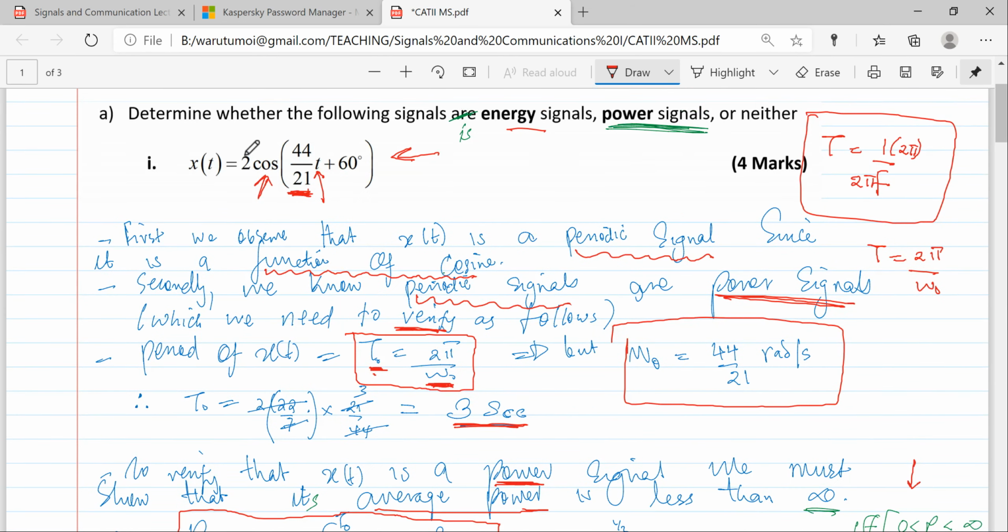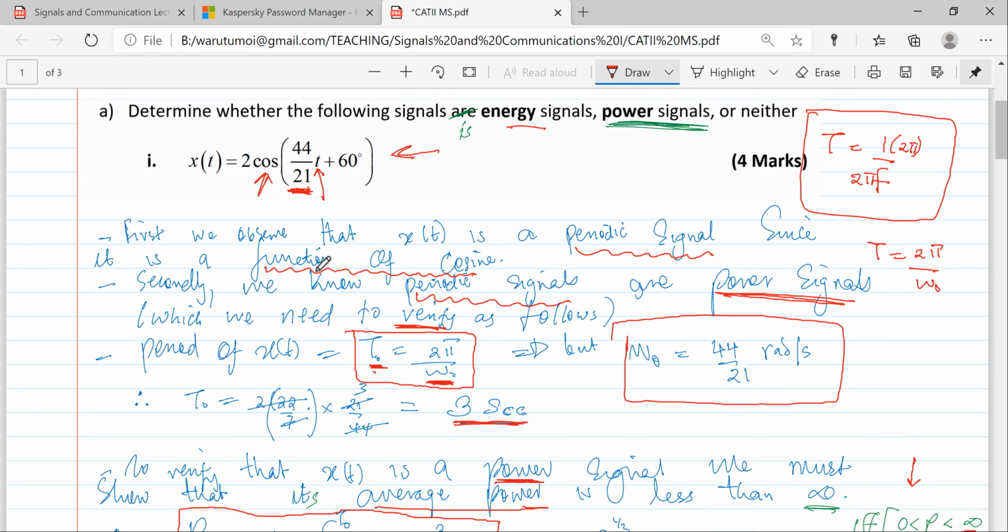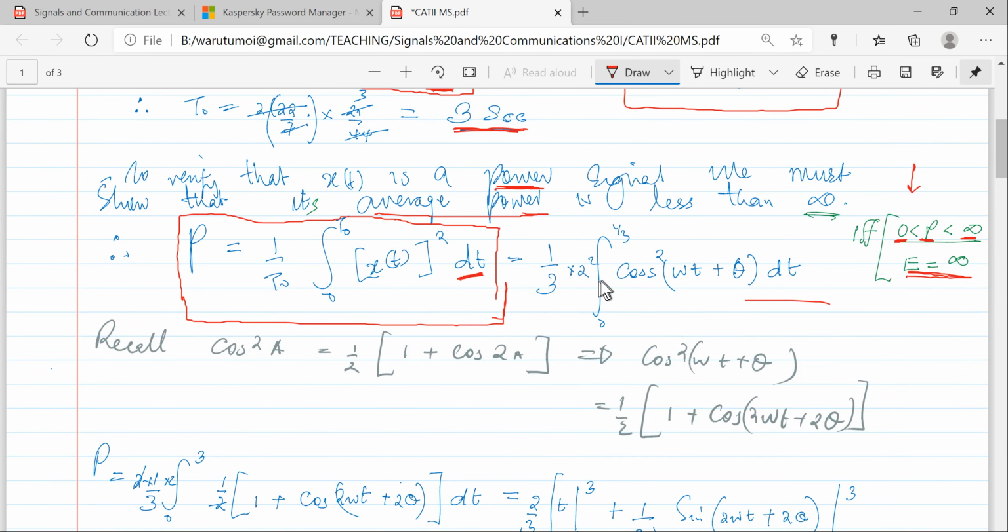The amplitude of this signal is 2, so we put it outside the integral, giving 2 squared, since we are squaring everything in our signal. So we have cos squared of omega t plus theta dt, from 0 to 3.